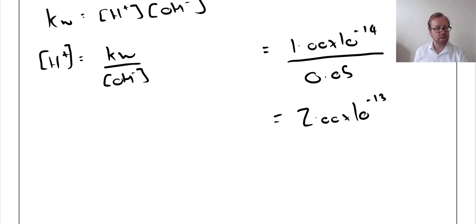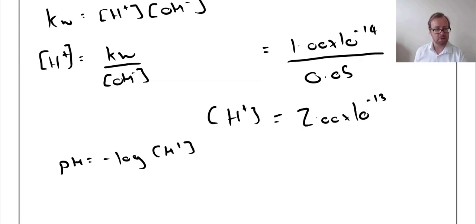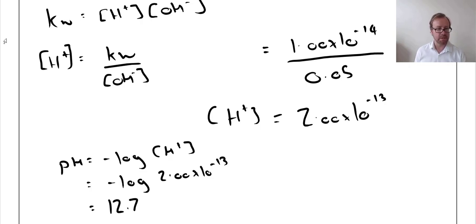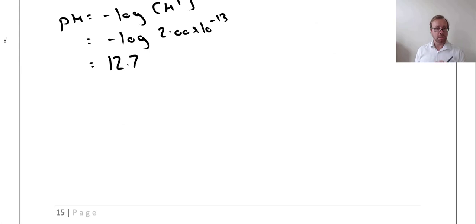Okay, I can then put my H plus concentration value into my pH, which gives me a value of 12.7. Okay, hope that makes sense.